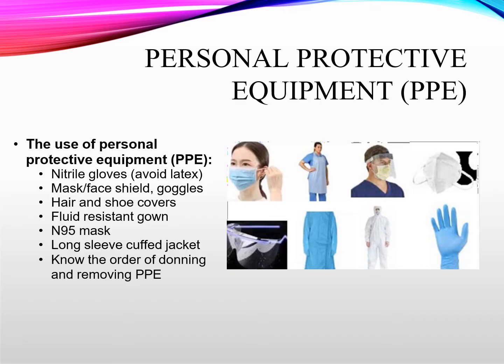PPE includes nitrile gloves, avoiding latex to avoid getting sensitivities, mask or face shield and goggles, hair and shoe covers, fluid-resistant gowns, N95 respirators, long sleeve cuff jackets, and it's important to know the donning and doffing order for PPE.